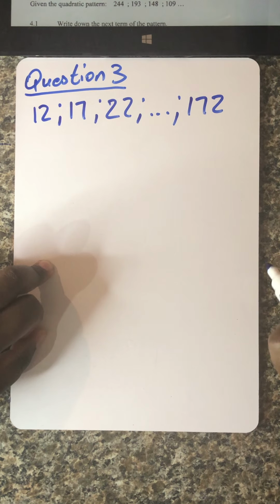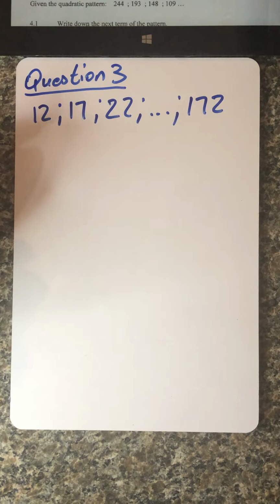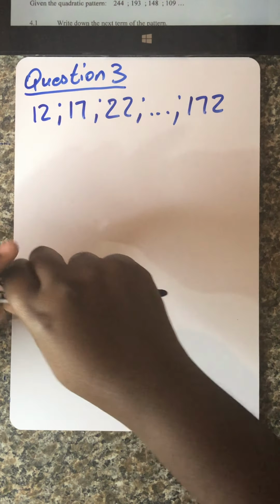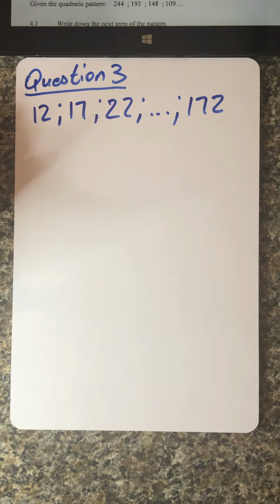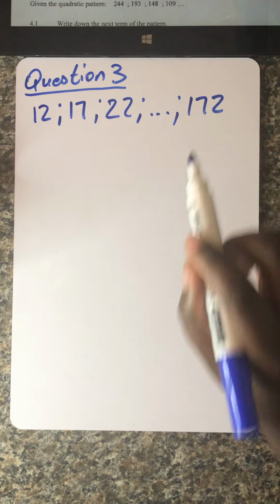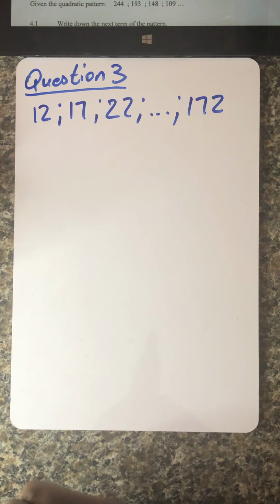Most importantly, before I even start with the questions, this is what I normally do, and what I used to do when I was in grade 10. The first thing, before I start with the questions, is to try to find out the type of the given pattern.